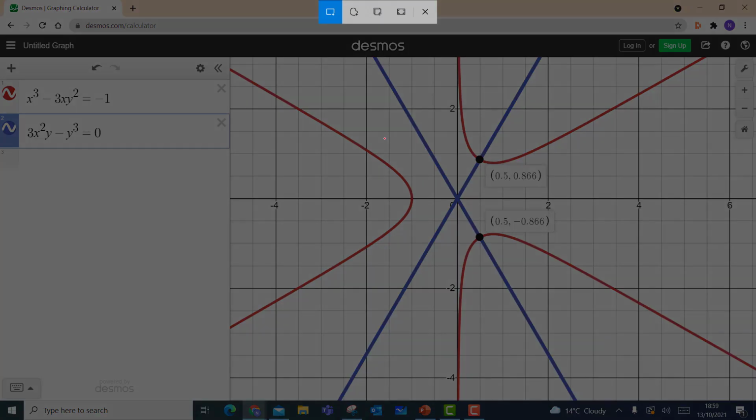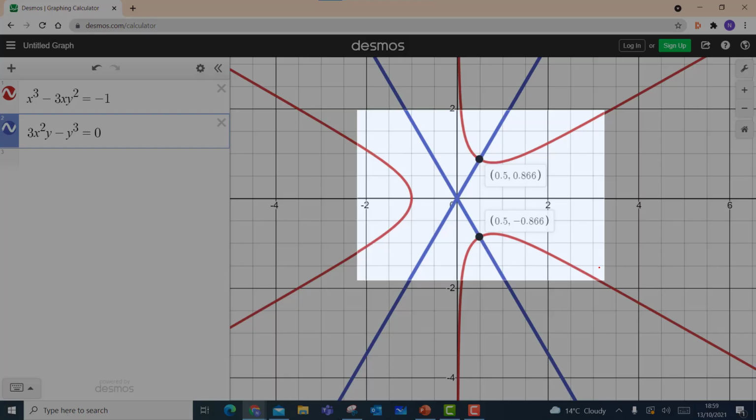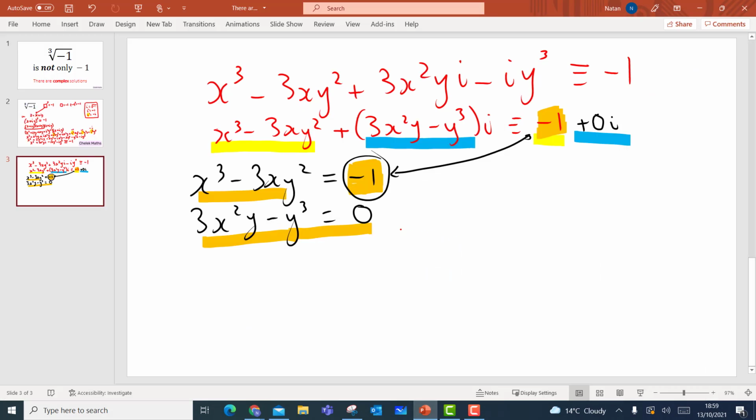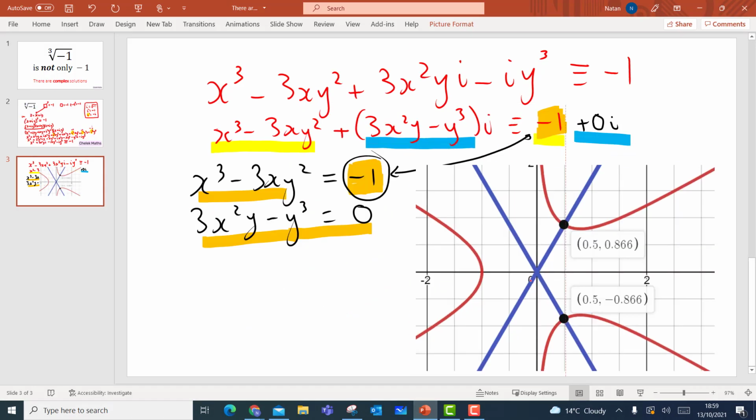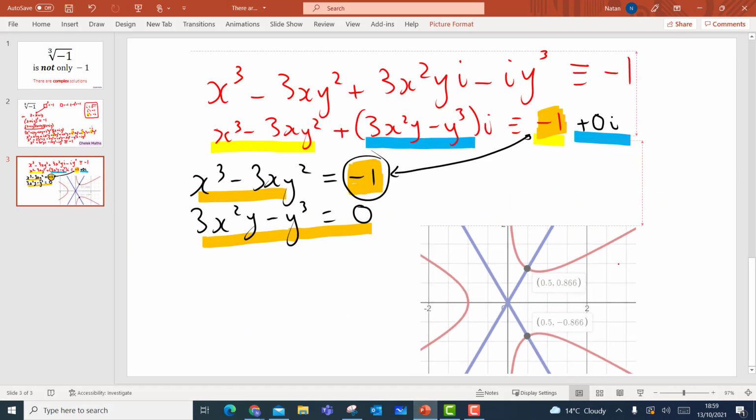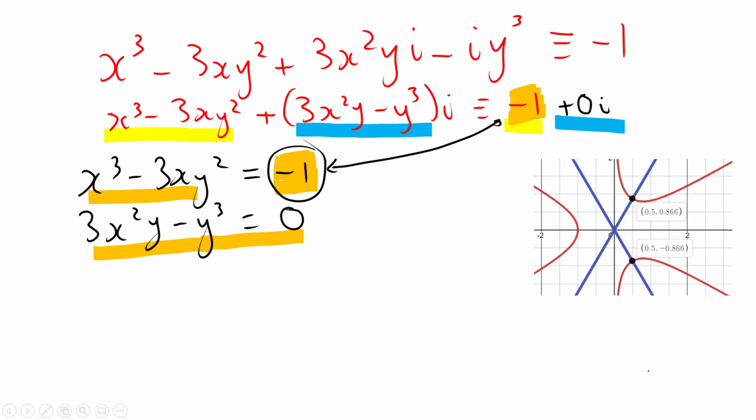So let's grab those. And actually, you might recognize these numbers because these are just plus and minus root 3 over 2, which is actually usually how this is written.